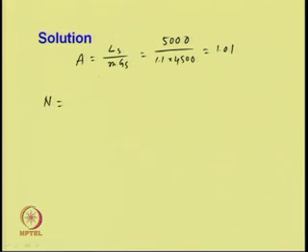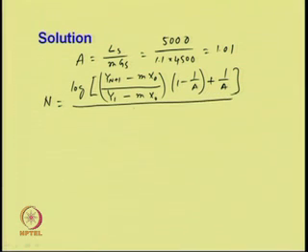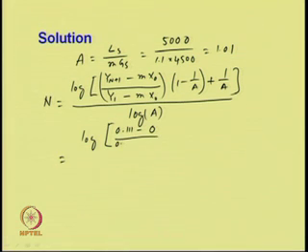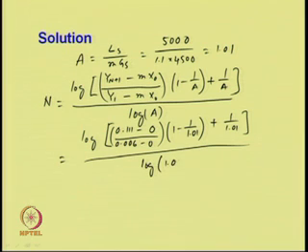Now, n, if we substitute, is log of yn plus 1 minus m x naught divided by y1 minus m x naught, into 1 minus 1 by A plus 1 by A, divided by log A. Now, if we substitute, it will be log of 0.111 minus 0 divided by 0.006 minus 0, into 1 minus 1 by 1.01 plus 1 by 1.01, divided by log 1.01.